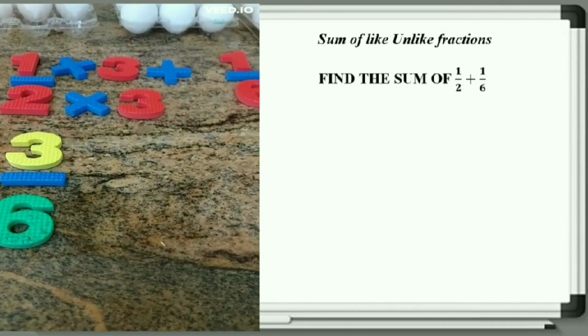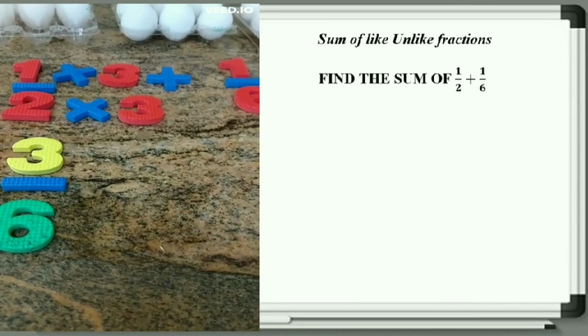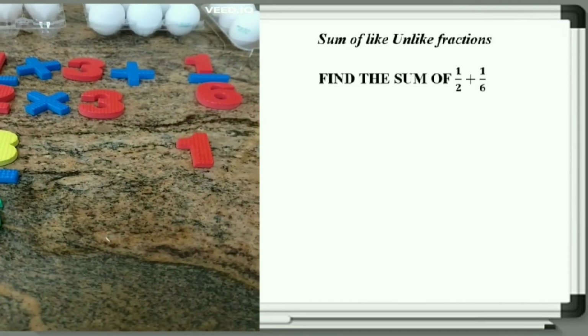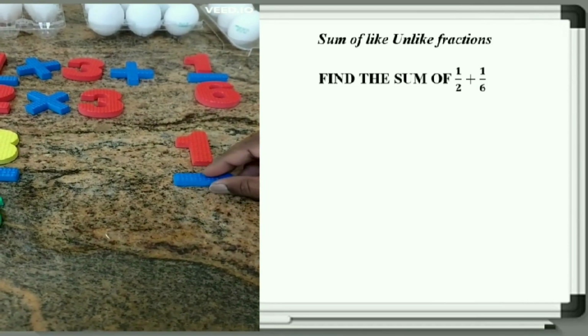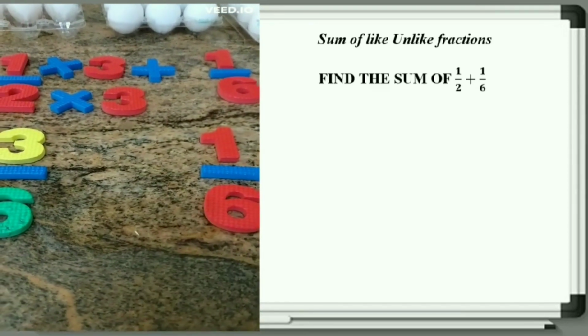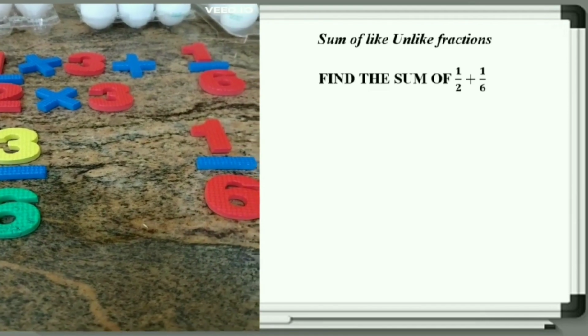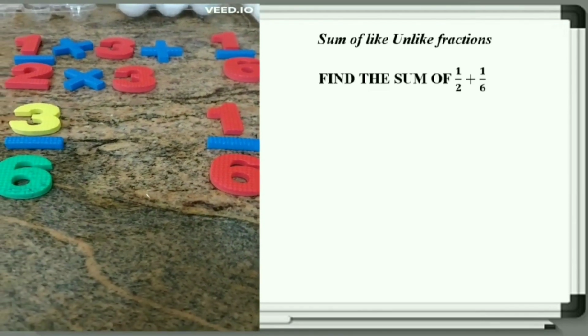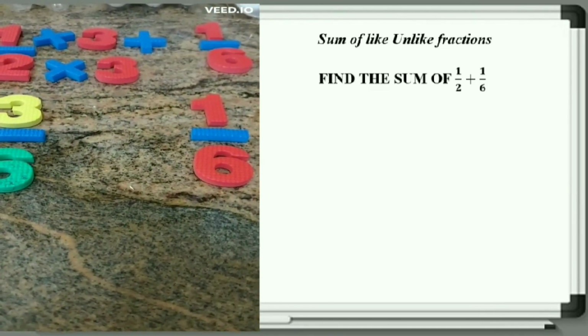This I got as the first fraction, and my second fraction here is 1 over 6. So now I must see my two fractions. One fraction is 3 over 6 and another fraction is 1 over 6.